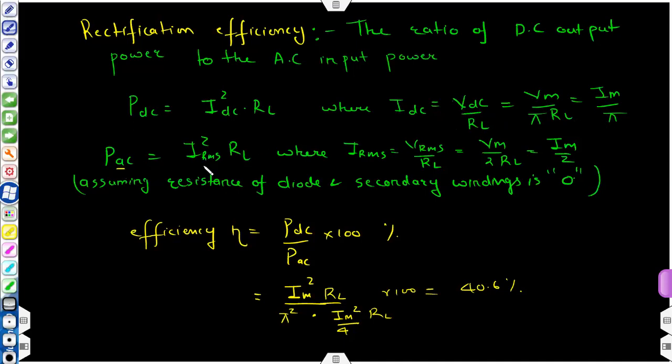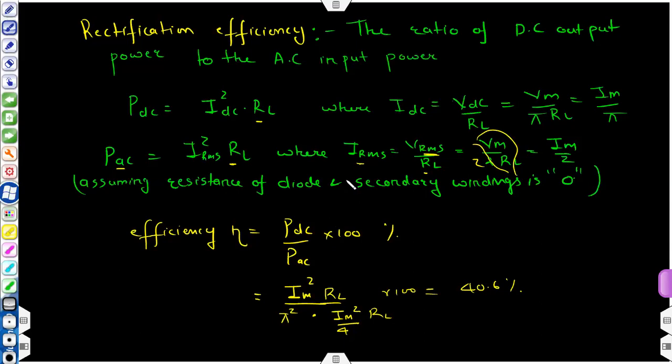Similarly, PAC is given by I square RMS dot RL, where RL is the external resistance, and IRMS is given by VRMS by RL. VRMS we have just calculated as Vm by 2, and Vm by RL can be written as Im, so Im by 2.